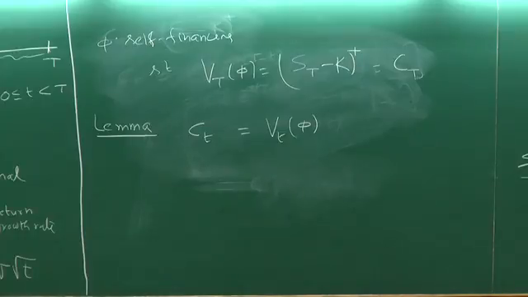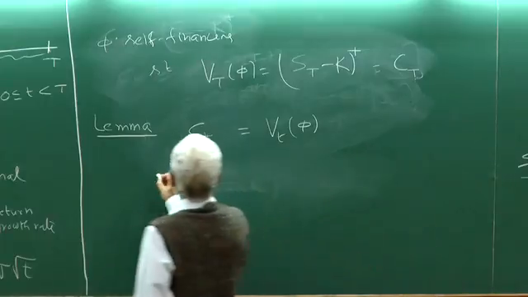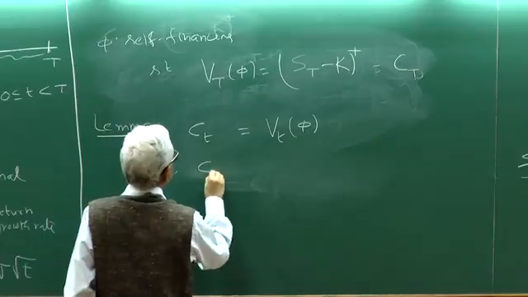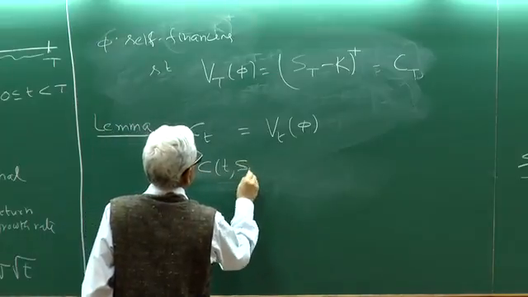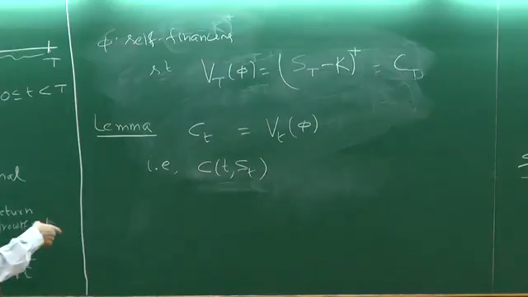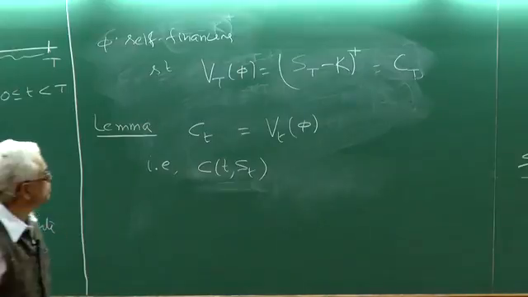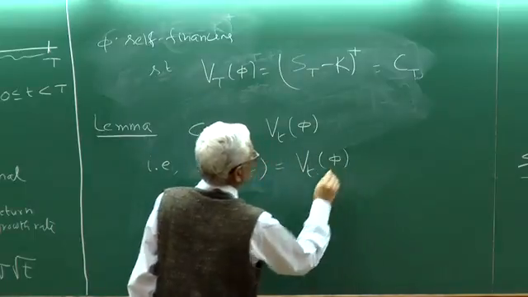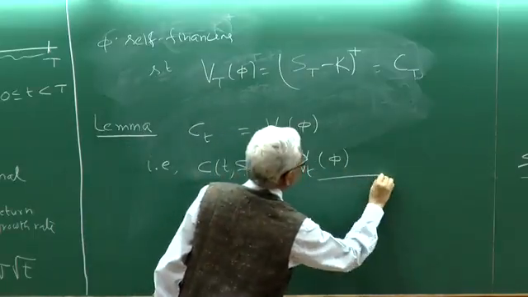And we have already made an observation, that C_T is basically C of t and S_t. C depends on the current time and the current price of the stock, and this must be equal to V_t of phi. So this is the lemma.